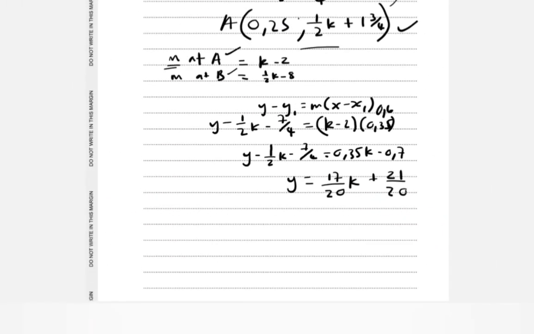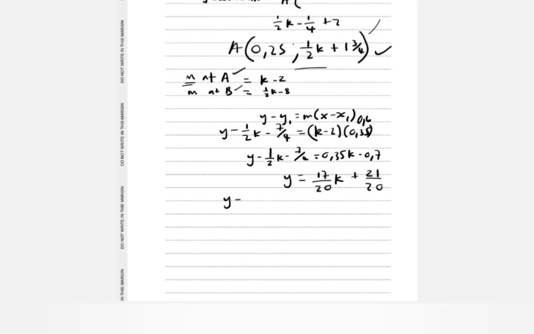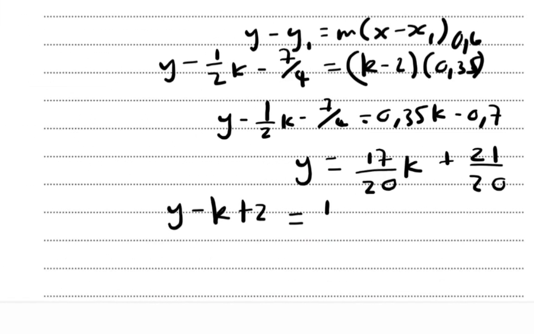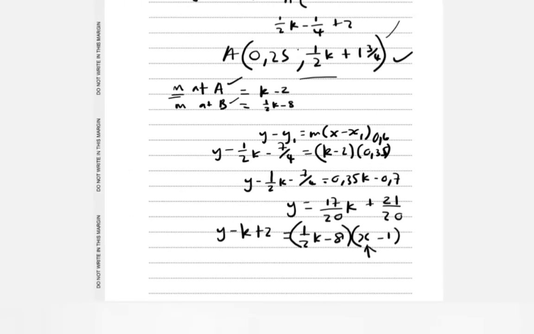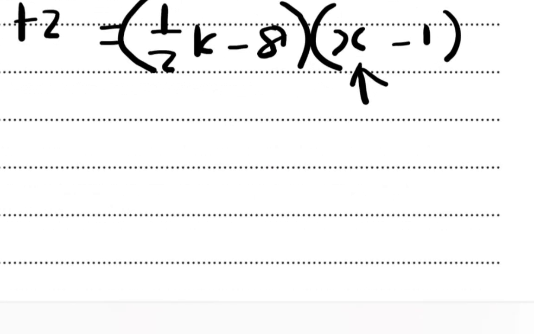Now for the equation of the tangent at B, going to do the same thing. Y minus the y coordinate at B, that's our k minus 2, is equal to the m at B, that's our half k minus 8, and it's being multiplied by x minus the x coordinate at B, which is 1. Substituting the same x coordinate, which is 0.6, 0.6 minus 1, it's minus 0.4.